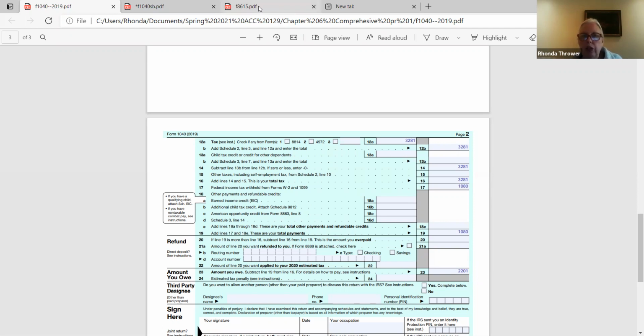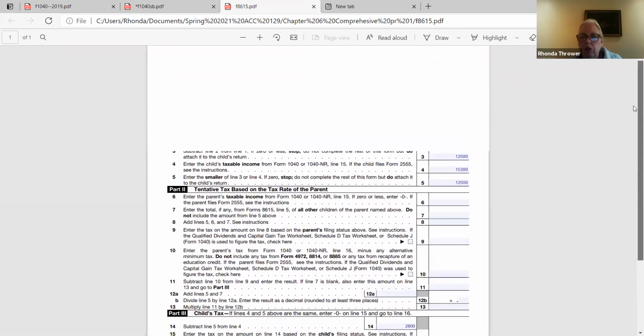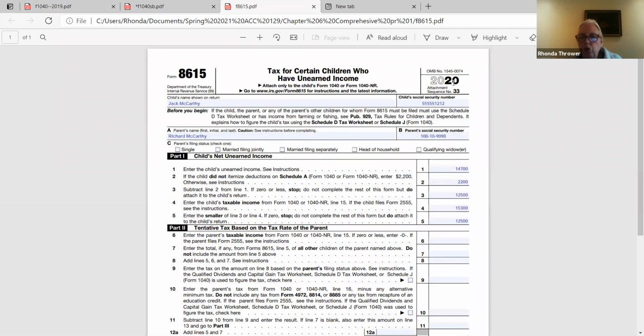So let's review. Let me tell you that this was for 2020 form 8615. Now you might have noticed, and I made an announcement for this in the class, that in Blackboard where Dr. Worthy entered the amounts, she was using the 2019 form, which changed in 2020.